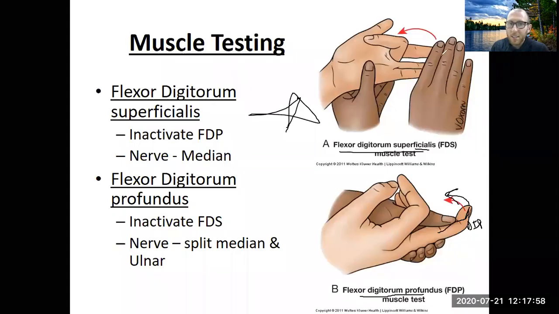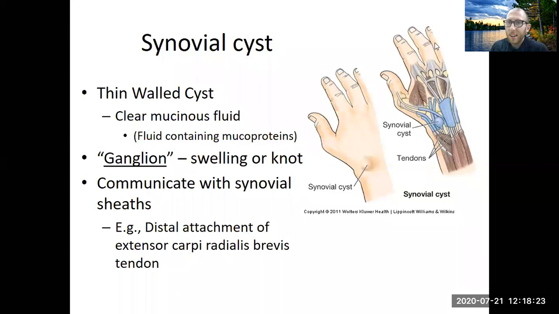Again, any sort of testing is going to test for issues with the nerves or issues with the muscle. If you cannot do the action of that muscle, that's a symptom or a sign that there's an issue in that muscle.